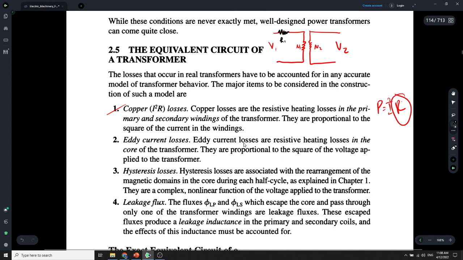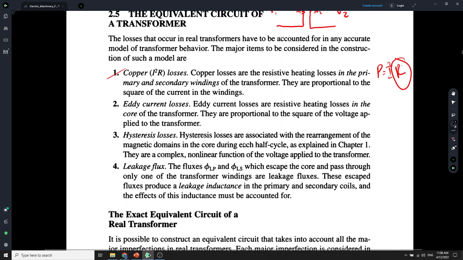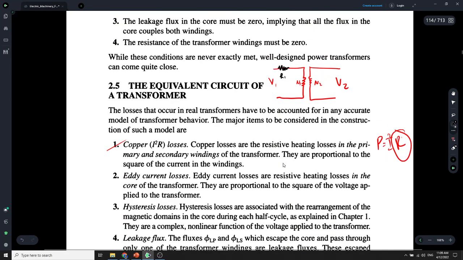Because leakage and core losses depend on the current flowing into the wire, which then conducts the magnetic flux. We assume that the flux flows into the core, so they will be in series.